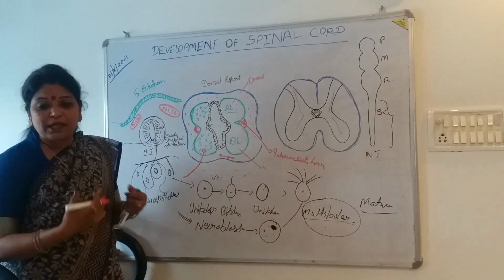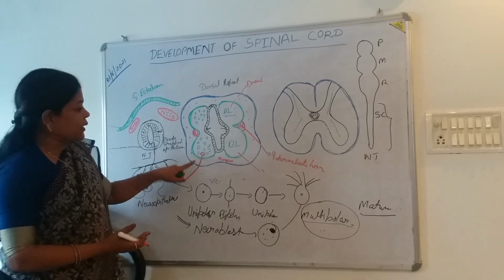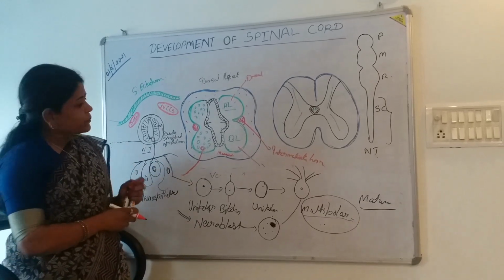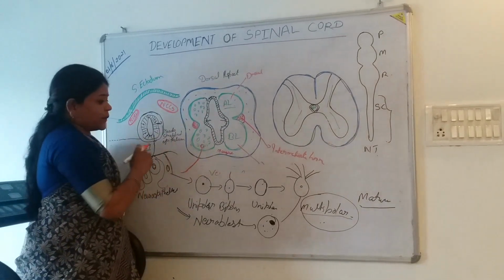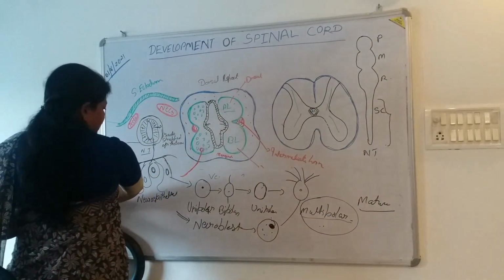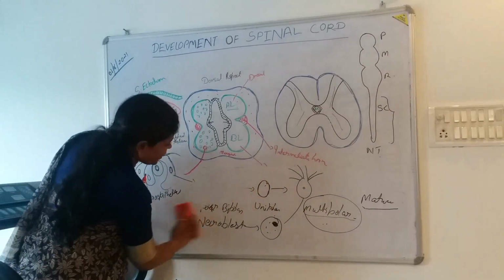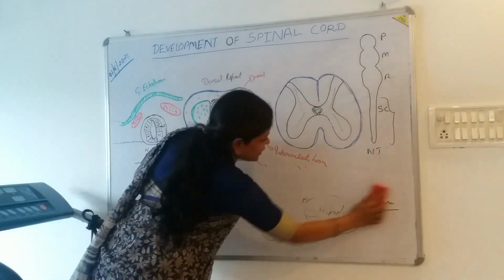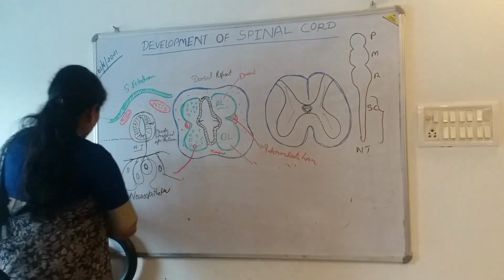Again, some special type of cells is needed for the myelination. Okay. Now, just see what types of cells these neuroepithelial cells form.